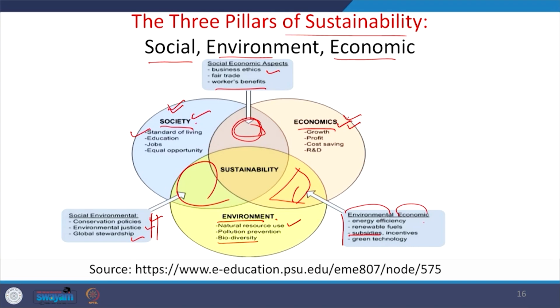So, that is why for the whole pillars of sustainability, or for integrated sustainability, we can think about all these three pillars and their intersection points, and how they need to be looked after. And we also need to understand the typology of sustainability, which can broadly be divided into two parts.